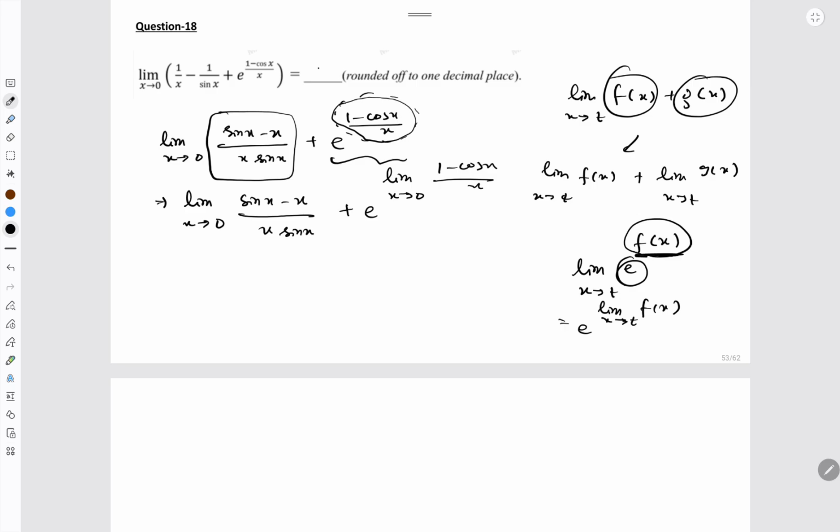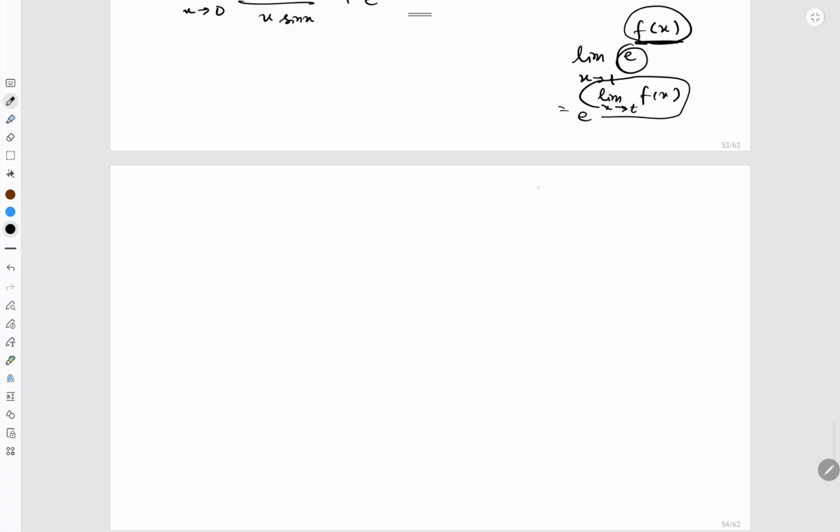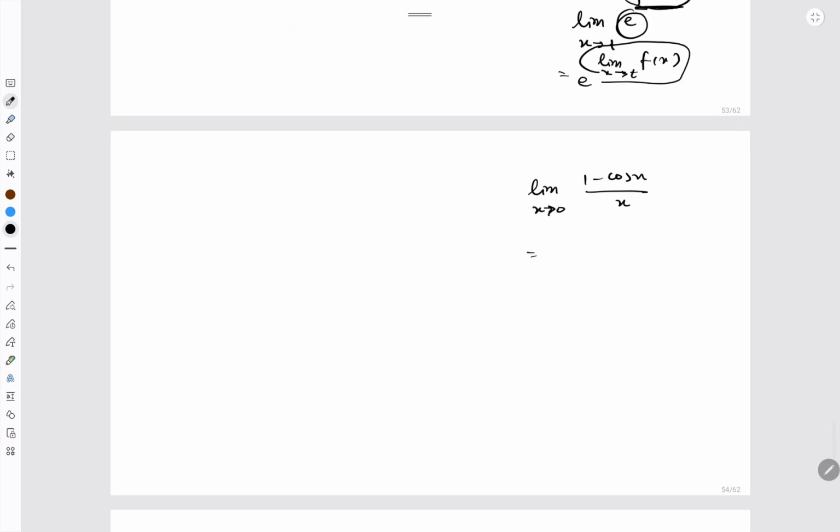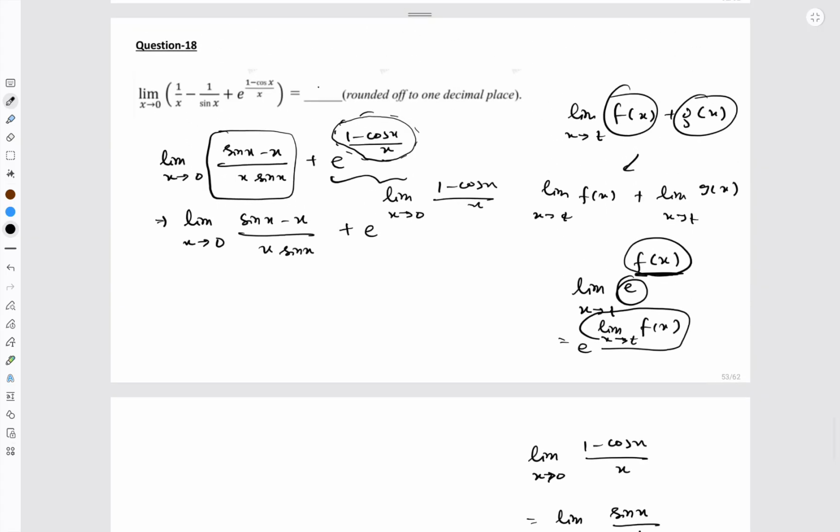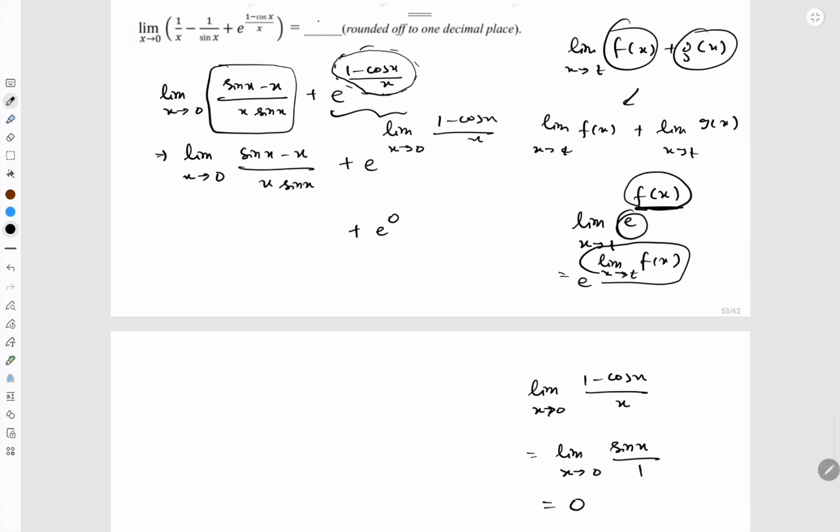It will decide the value of the exponent only. So limit x tends to 0 of (1 minus cos x) by x is how much? We can use the L'Hopital rule and take the derivative. So limit x tends to 0 of sin x by 1; the derivative of 1 minus cos x is sin x, so it is basically 0. So this is e raised to the power 0.